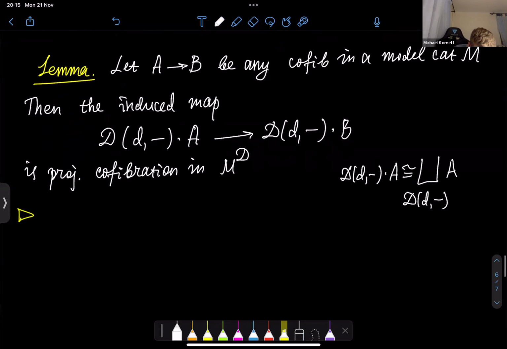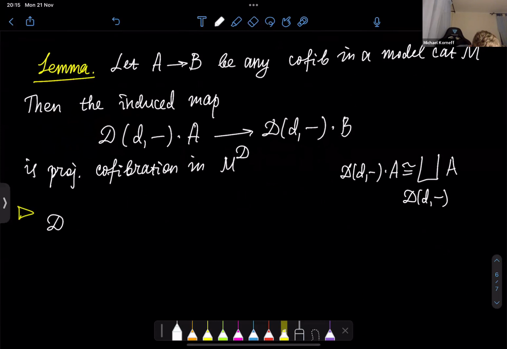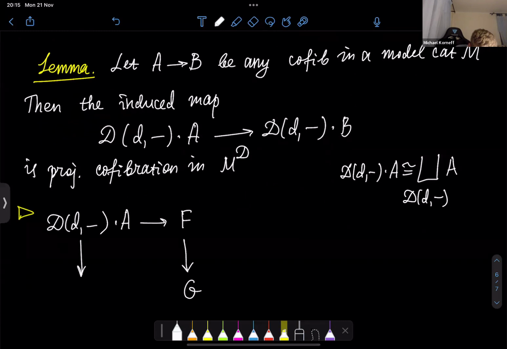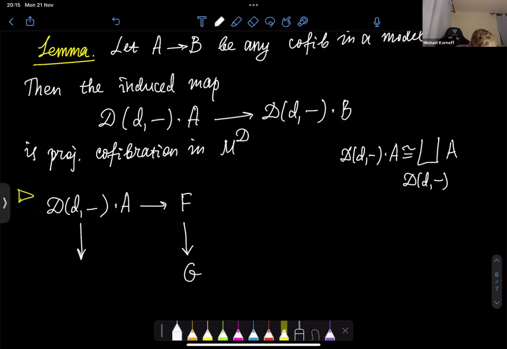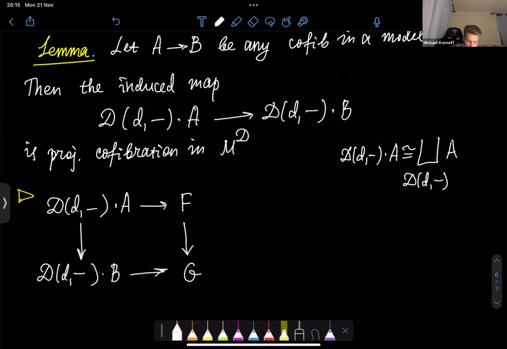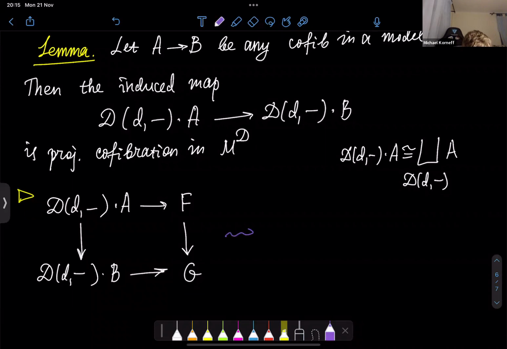We have the following two diagrams. We should verify the corresponding lifting property, and this diagram converts into the following diagram by the adjunction. What is adjunction?